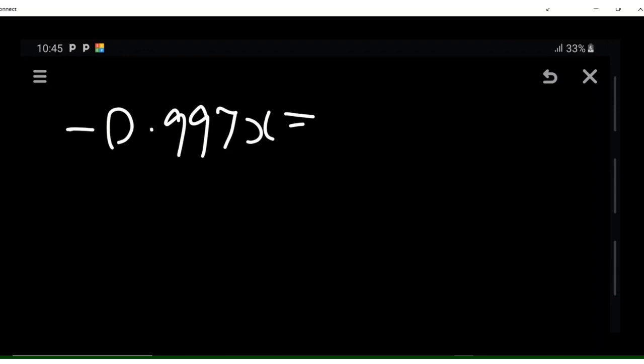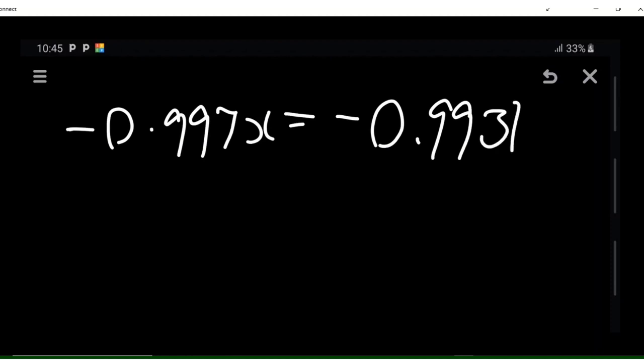So I'm having a negative 0.9931. Right, so from here you divide both sides by negative 0.997 to have an x, and that gives 0.996.